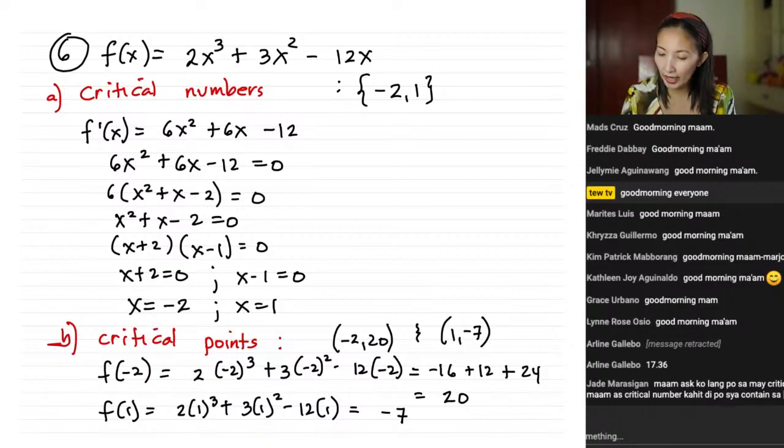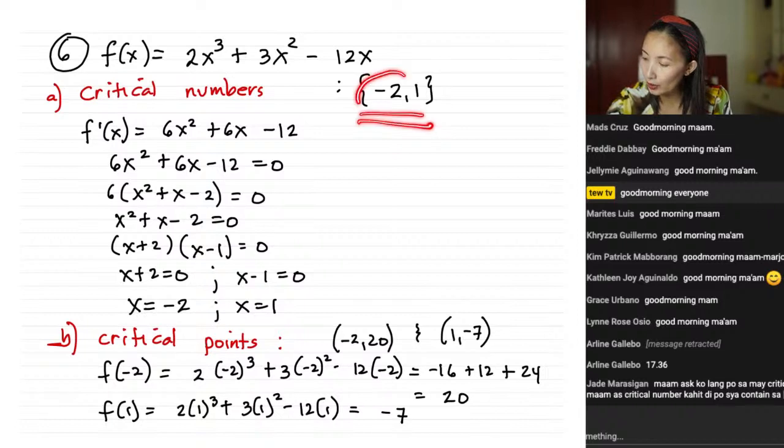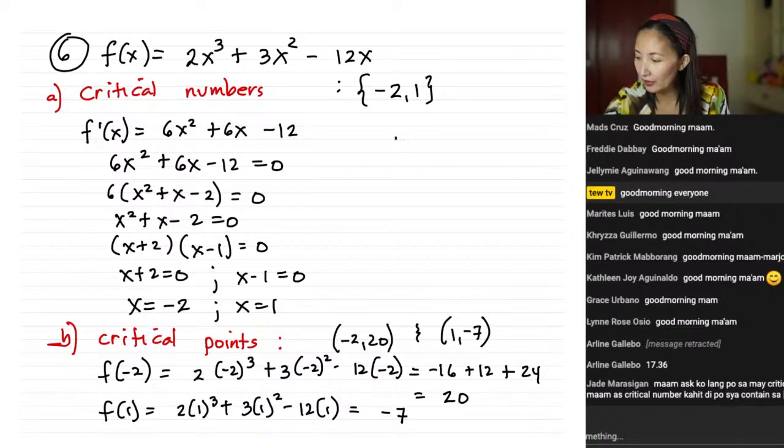Now we are ready to test for relative extrema. What are our critical numbers? Negative 2 and 1. We will test a value to the left of negative 2 and to its right. In like manner, we will also identify an x value to the left of 1 and to its right. And remember, from positive to negative, it's a max.